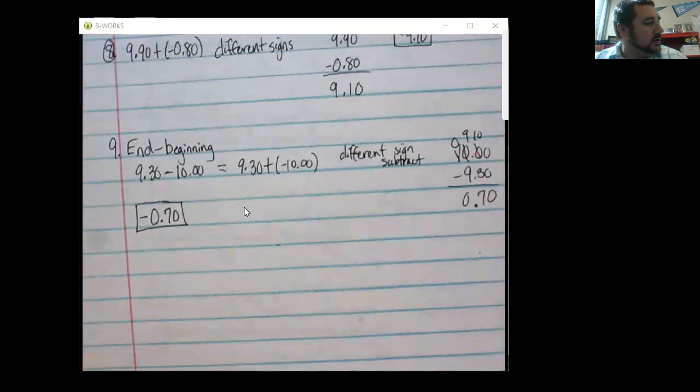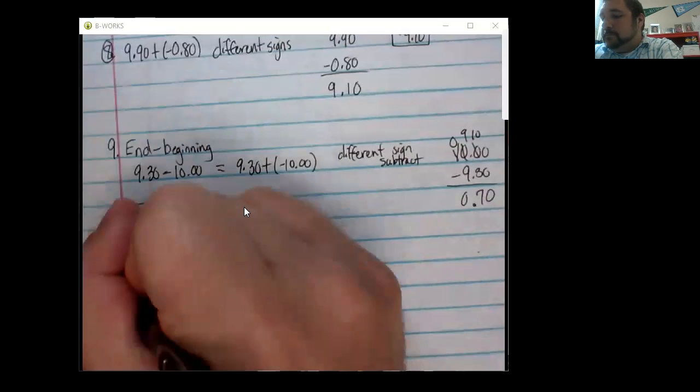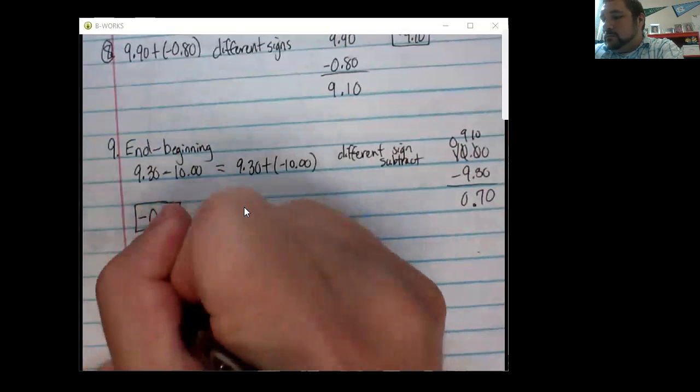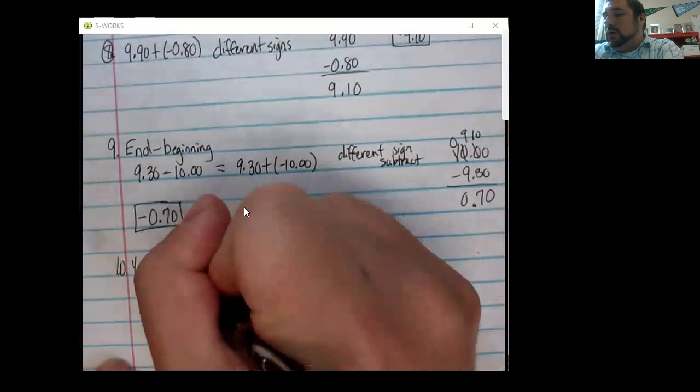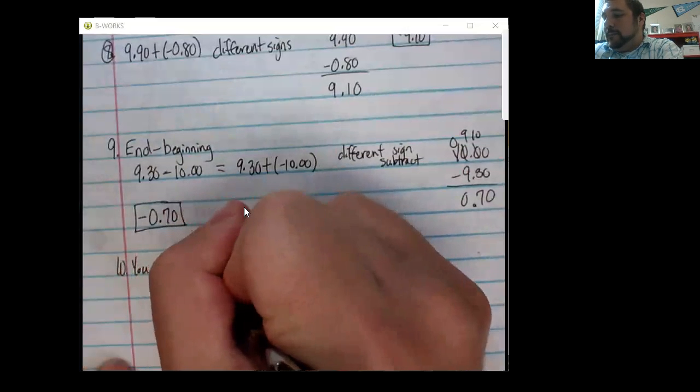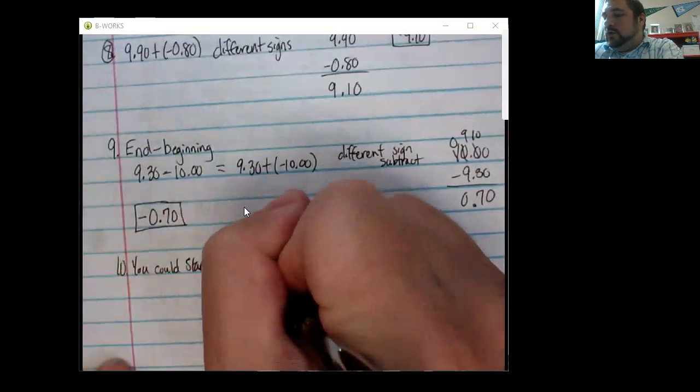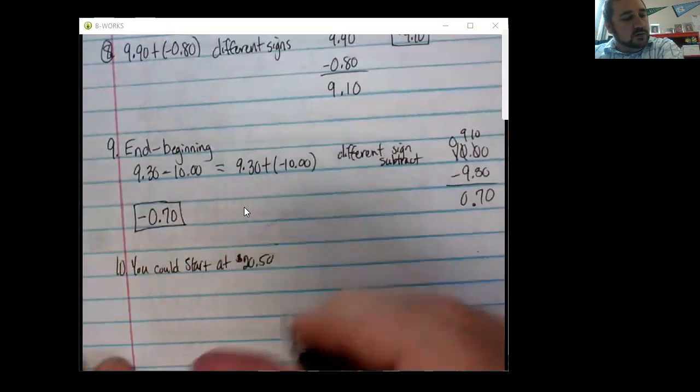All right, number 10, Gerald had $20.50 saved at the beginning of July. During July, the amount of his savings changed by negative $5.50. How could you use a number line to find the amount of Gerald's savings? Just like we did on the others, you could use the number line by starting at $20.50, which is our starting point. And you would go to the left.